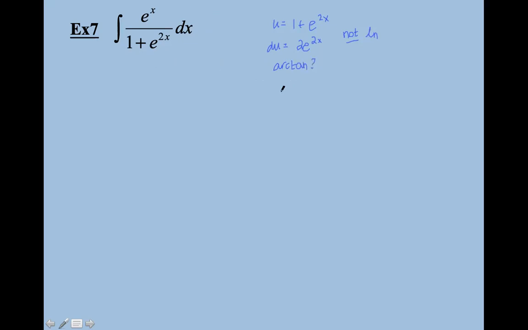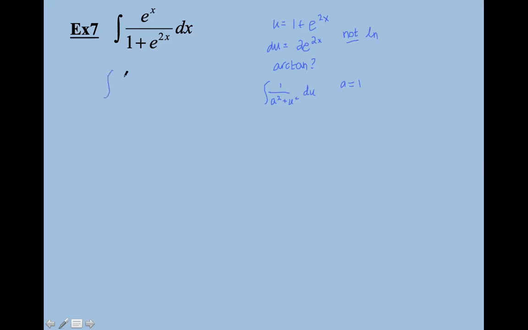Remember arctan, we need to have a 1 over a squared plus u squared, and our du. All right, and they have du on top. Well, let's see, can we square something to get 1? Yes, our a could certainly be equal to 1.